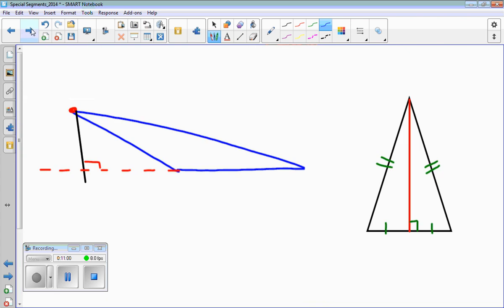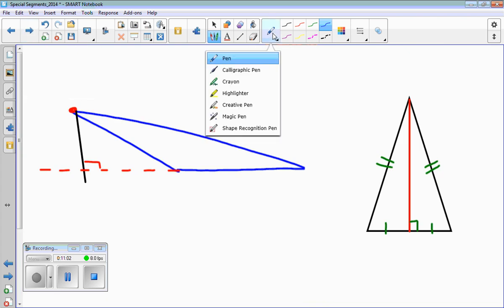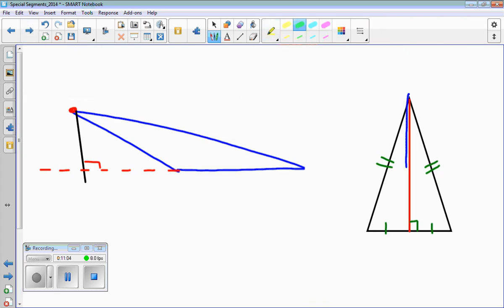So this same thing here, not only is it an altitude, but it's also, not only is that segment an altitude and a median, but it's also a what?